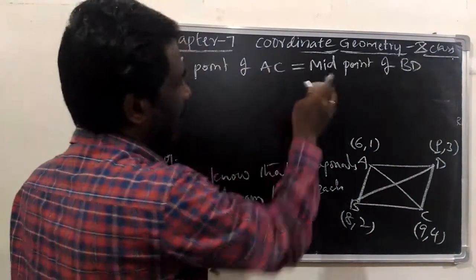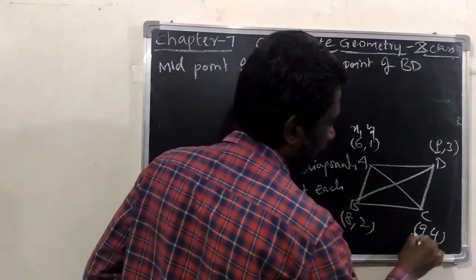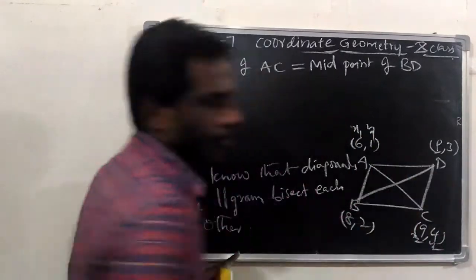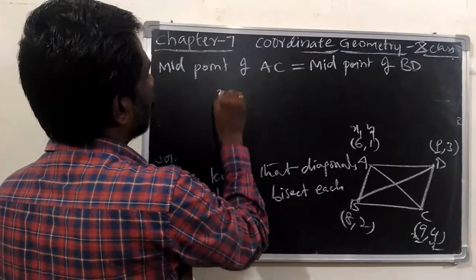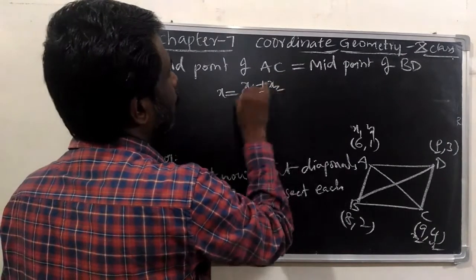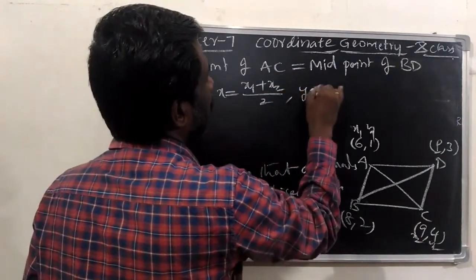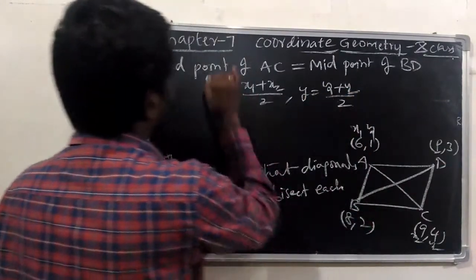When we take AC, let this be (x1, y1) and this (x2, y2). The midpoint formula is x equals (x1 plus x2) by 2, y equals (y1 plus y2) by 2.